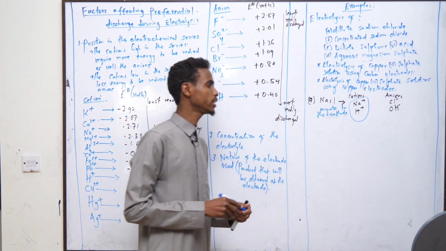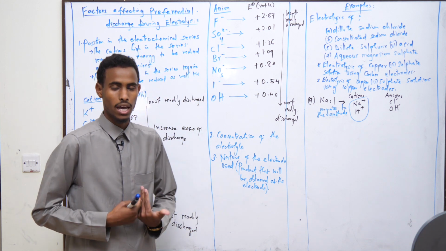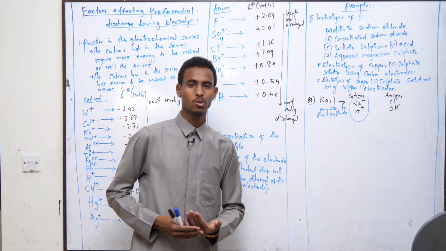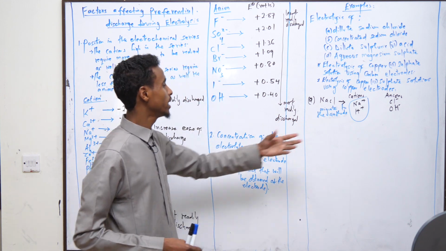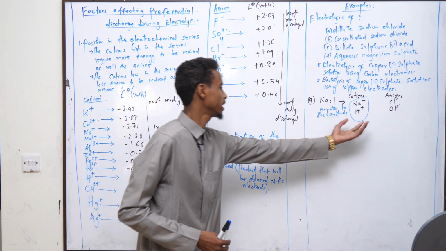Now when the sodium and hydrogen ions, which are positively charged and are referred to as the cations, migrate to the negative electrode, that is the cathode, which one will be preferentially discharged?